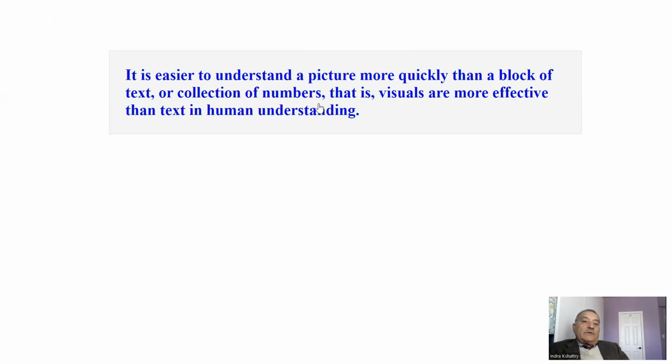Graphical displays are preferred because it is easier to understand a picture more quickly than a block of text or a collection of numbers. That is, visuals are more effective than text in human understanding.